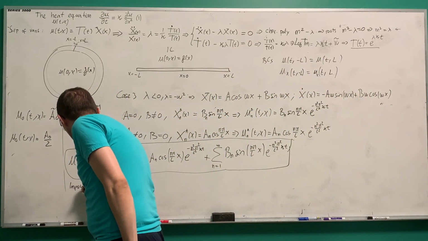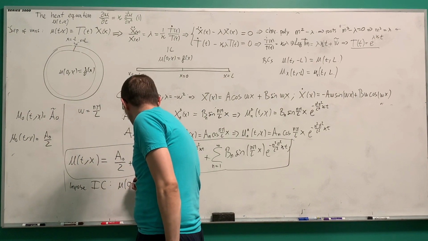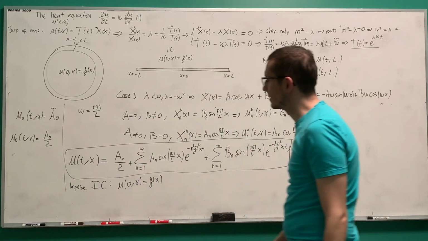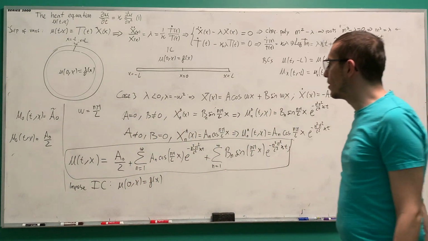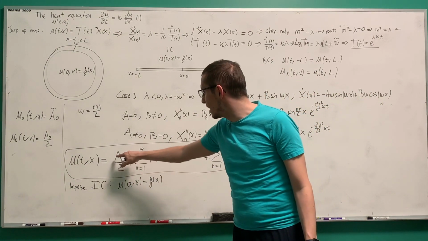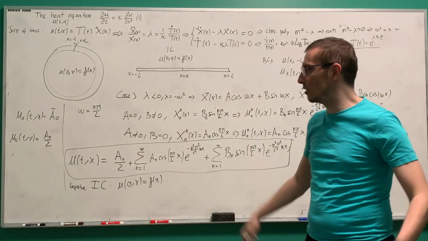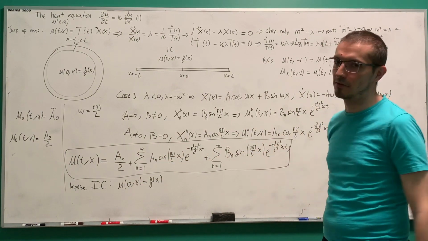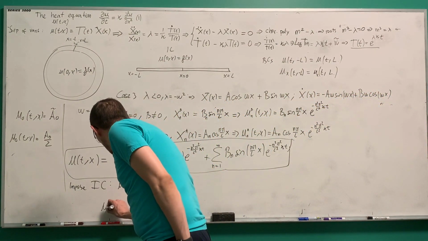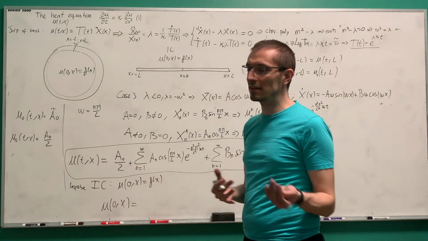Impose the initial condition, which is u of 0, x equals f of x. All right? So how do we find that? Imposing the initial condition will determine the constants, the a_0, the a_n, and the b_n. Okay, all of them, the infinite number of constants, we get the value of them. How? Well, let's impose it. So we write here u of 0, x, so let's substitute t by 0, wherever I see a t.